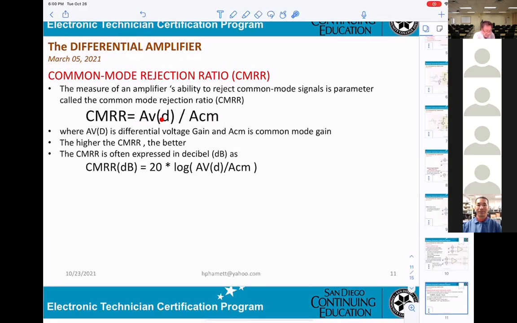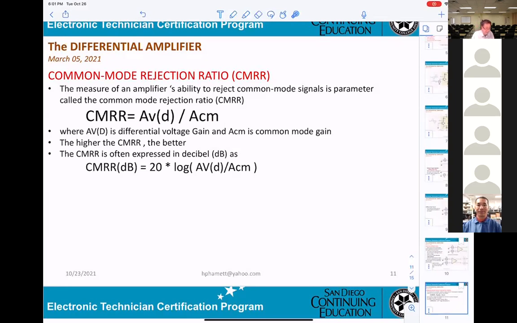And AVD means the gain of the differential amplifier. So basically, common mode rejection ratio is the ratio between the gain of the differential amplifier divided by the gain of the noise, that means common mode.